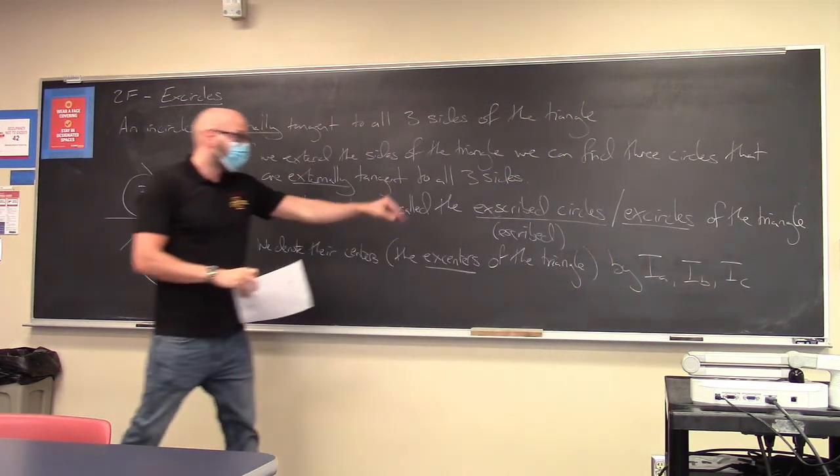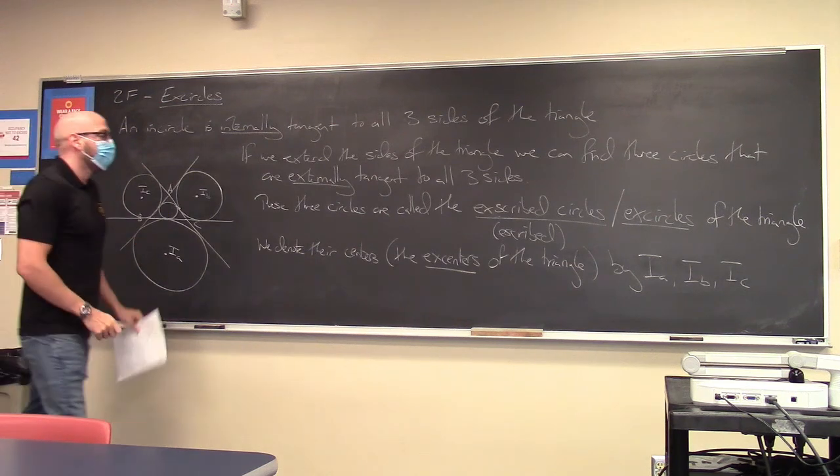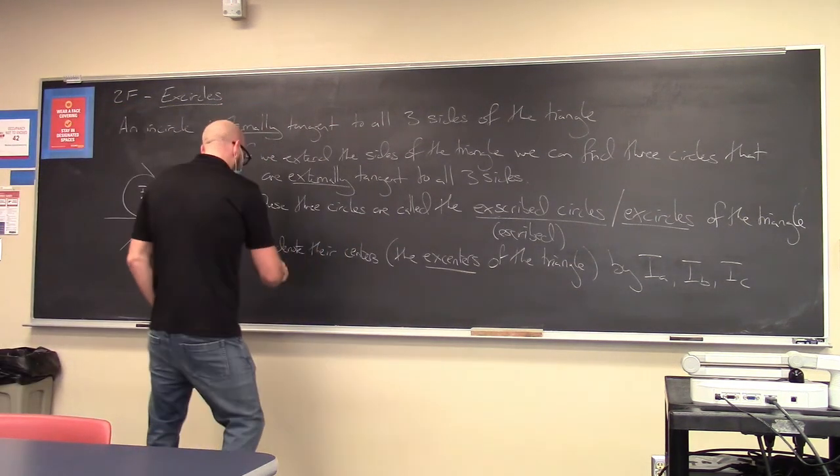In a particular order, the subscript tells you which circle it is, it's opposite a particular angle, but I won't write all that down, so we'll just say as shown.